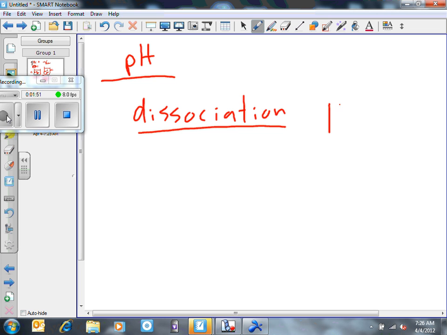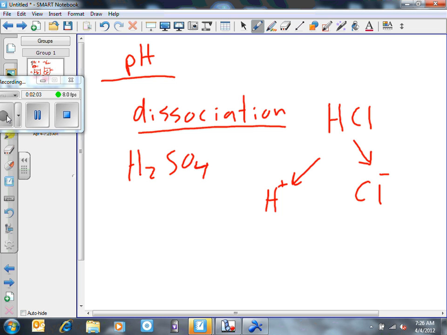So if I have HCl, the dissociation will give me an H plus and a Cl negative. If I have H2SO4, the complete dissociation of this would give me an H plus, another H plus, and an SO4. So that's what the word dissociation means when we use it.